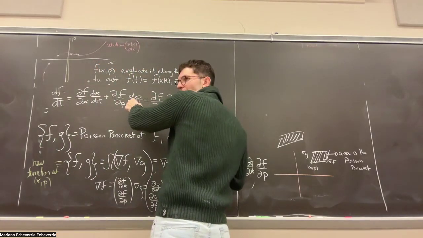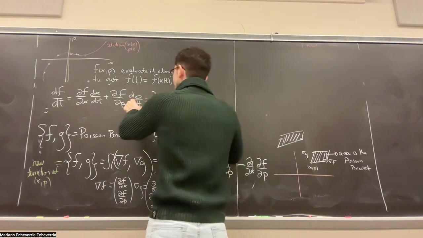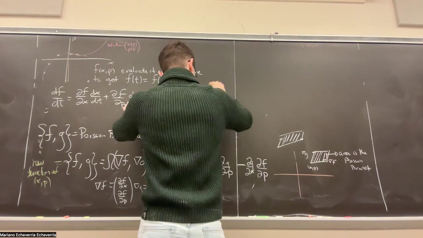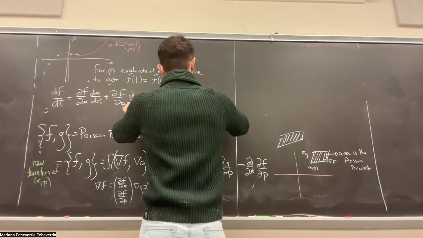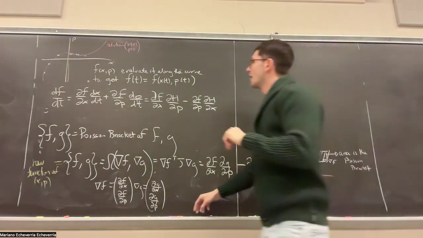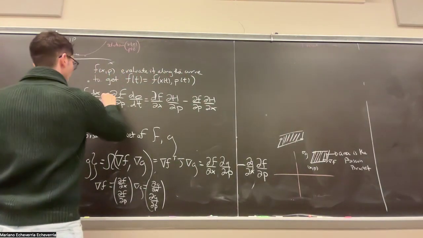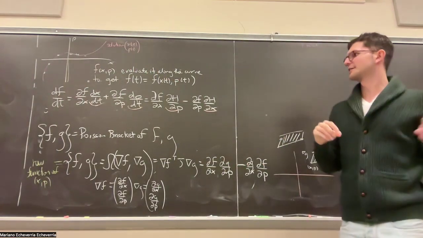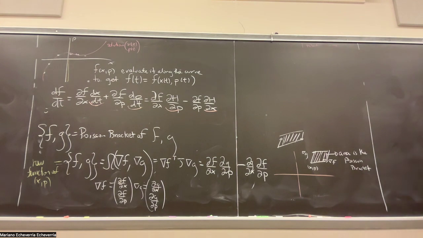That's minus the partial derivative of H with respect to x, because we're assuming that x of t and p of t solve the equations.